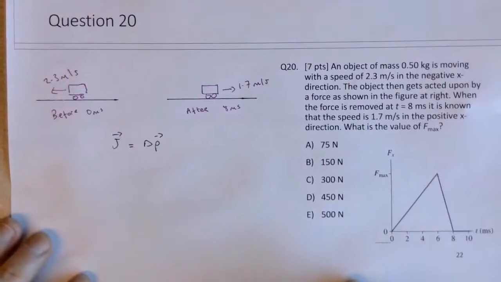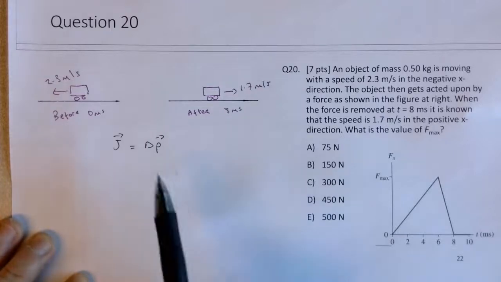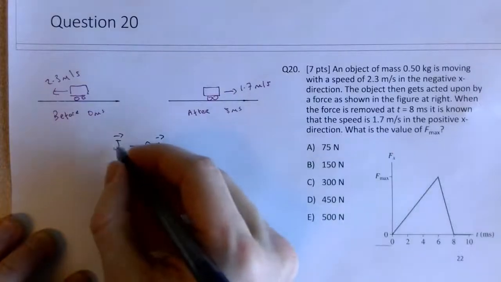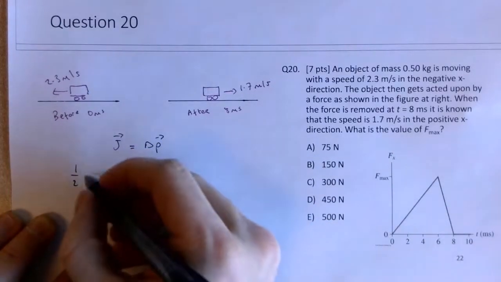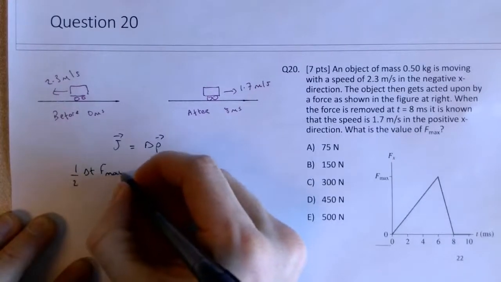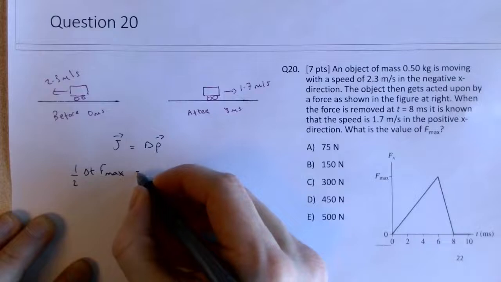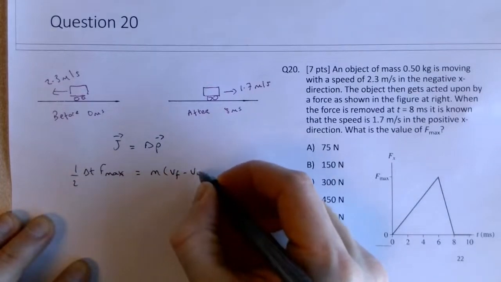The impulse will be equal to the area underneath the force-time curve, and then delta P will be linked to the mass of the cart and the change in its velocity. So this will be the area underneath the curve here, so 1/2 the base delta T times the height of the triangle, is equal to the mass times delta V, which is Vf minus Vi.